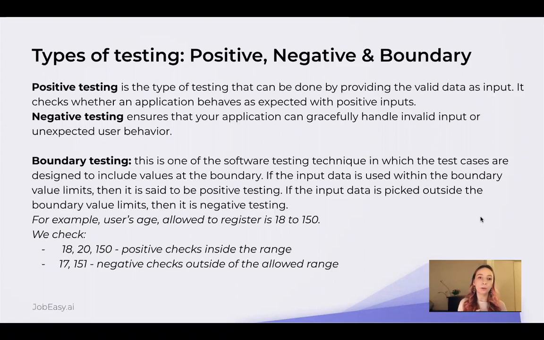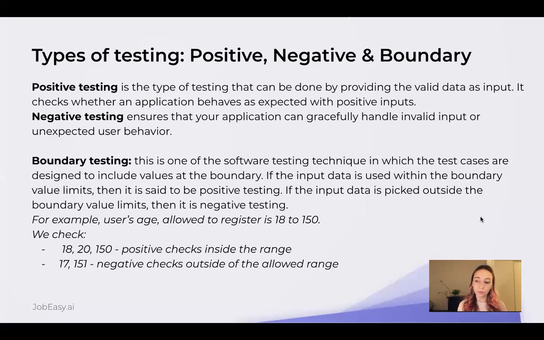So if we're talking about registration as an example, negative test cases for registration would be, let's say, don't input first name if first name is required, or input numbers instead of the name, and then try to register. If this is the case, your application should actually show you an error message and say like, hey, this first name is invalid.